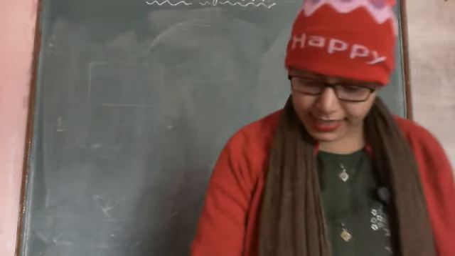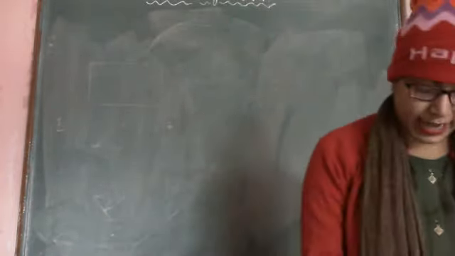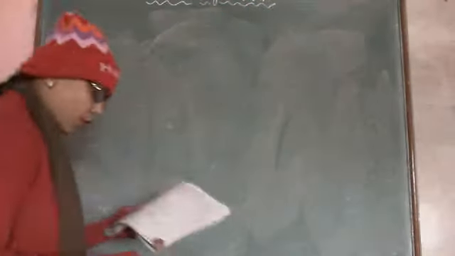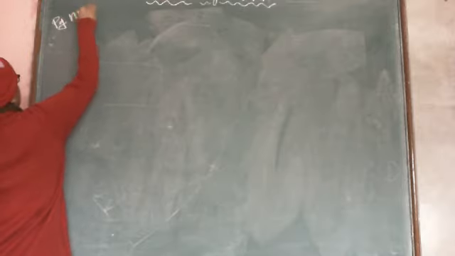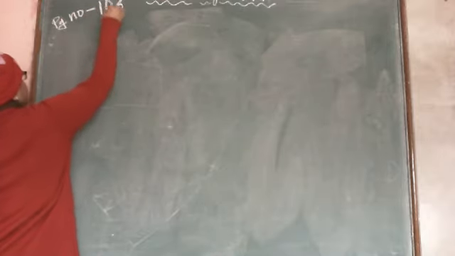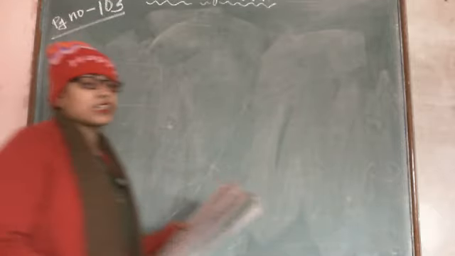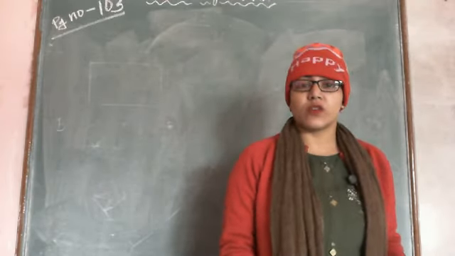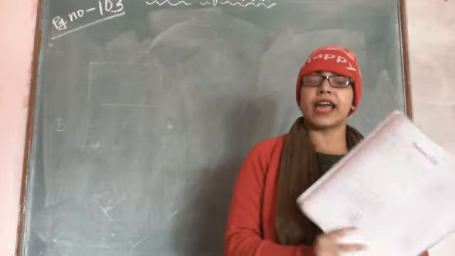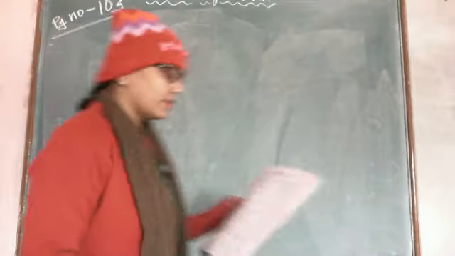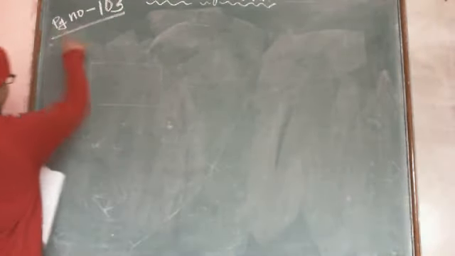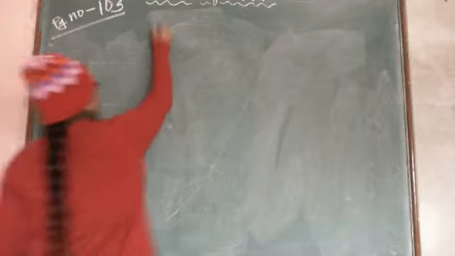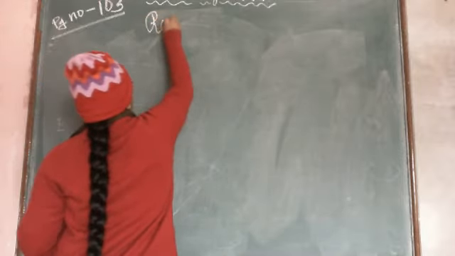Now after exercise 7.5 we will solve the revision time. That is given on page number 103. See student, as you all know that the revision time will remain in book only. No need to note down in classwork copy. This revision time will remain in book only. So, all of you open your book, page number 103. Revision time.